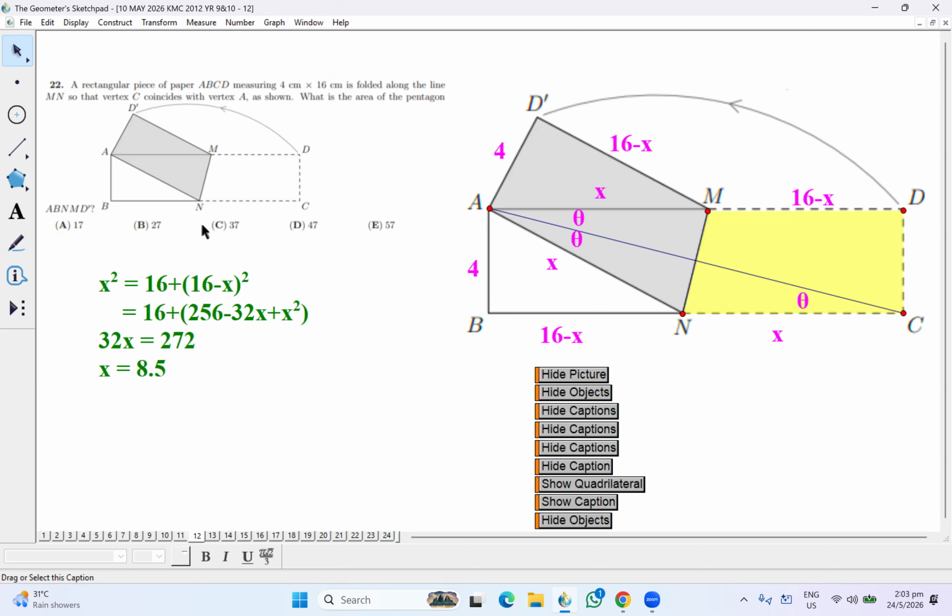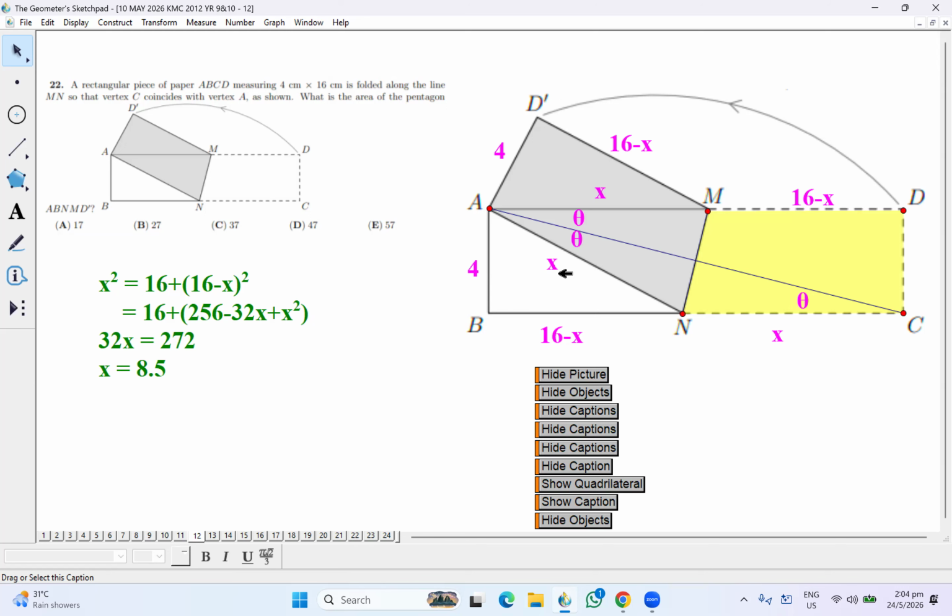Expand the 16 minus X square: 16 square, 256. Then middle term, 32X plus X square. X square and X square cancel off. So 32X negative, bring to the left. 32X equal to 272. Then X is 8.5. So once we know X, we are ready to calculate the area.